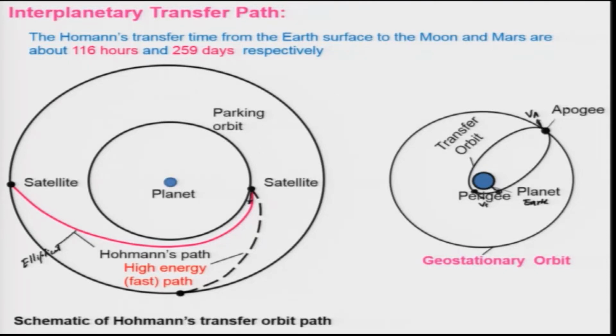Then you will have to impart more thrust at this apogee, so that in the next burn it will move into another elliptical orbit, and this is basically the first burn.